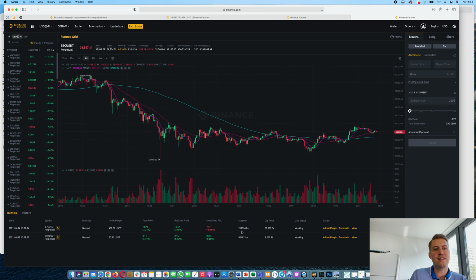As you can see here, the bot has been running for almost 3 days, and the total profit is more than 3%. That's more than 1% per day, which is quite a lot if you do the math. If you could make 1% profit every day, it would go up so fast. You would be rich very quick.